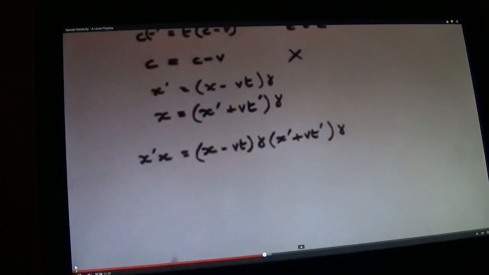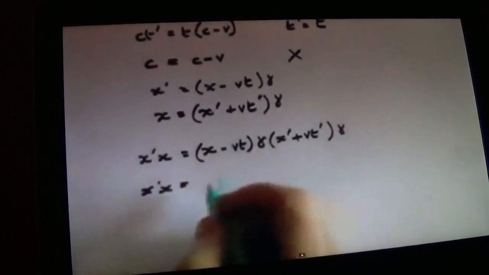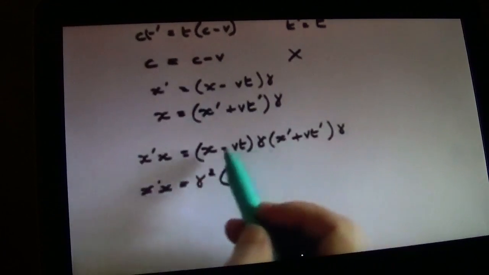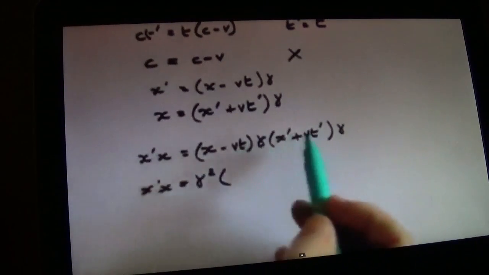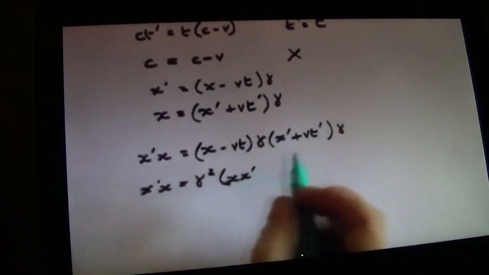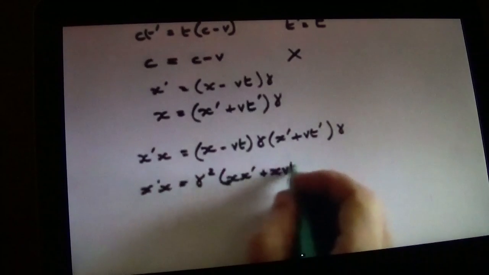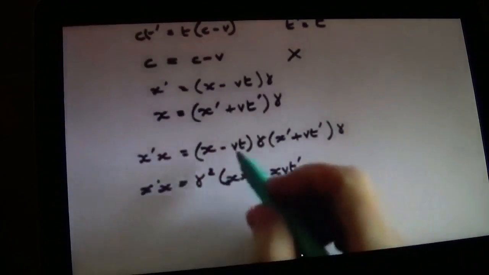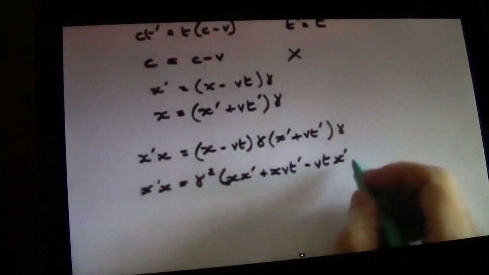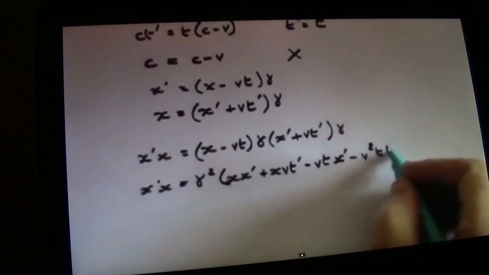And that's going to come out as x prime x equals, well, let's first take the two gammas. That's going to give you gamma squared into, now we've got to multiply these two terms in brackets. So x times x prime is x prime plus x vt prime minus vt x prime minus v squared t prime.